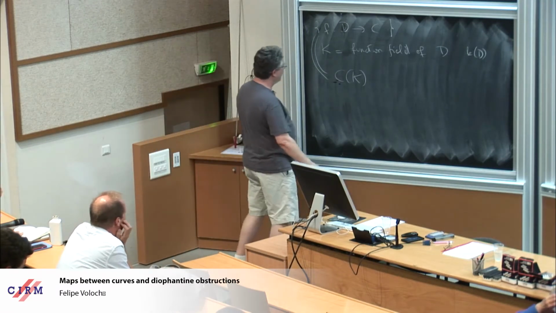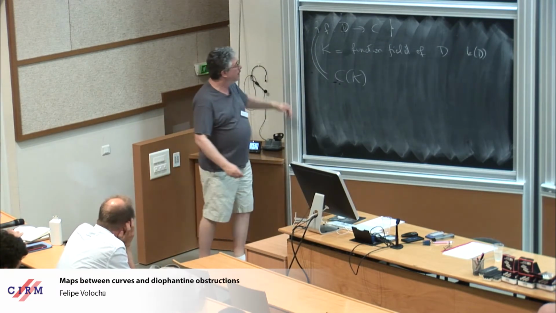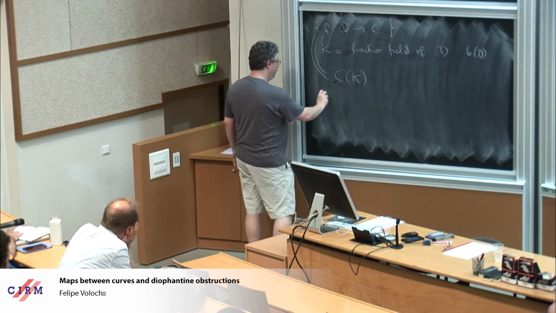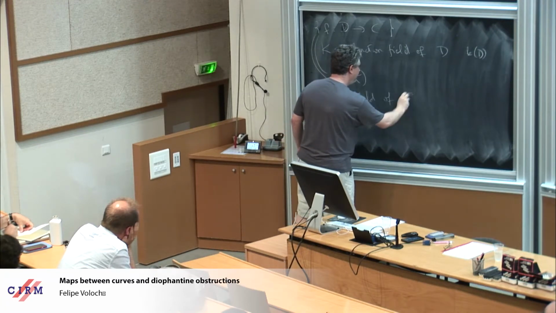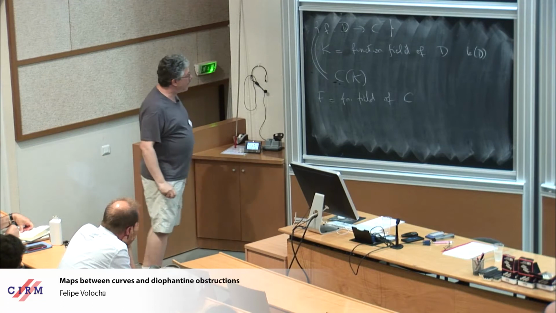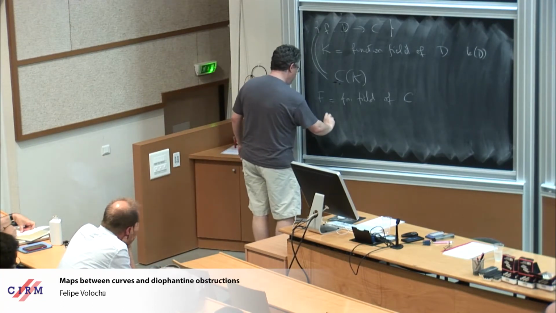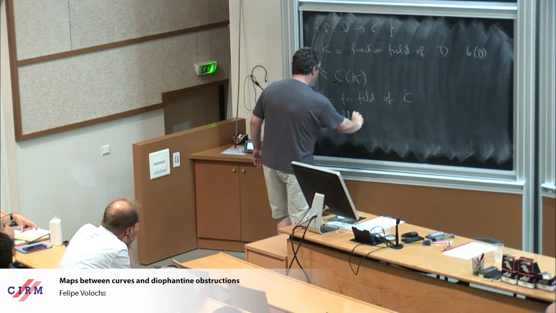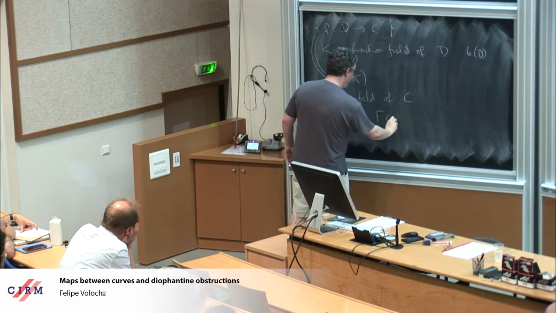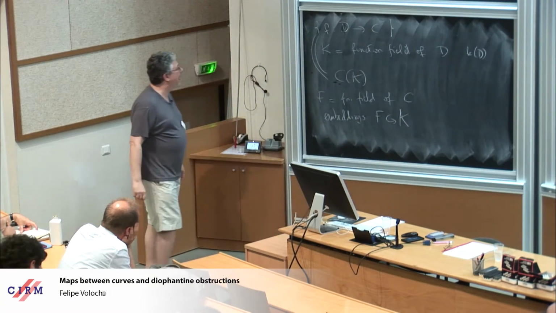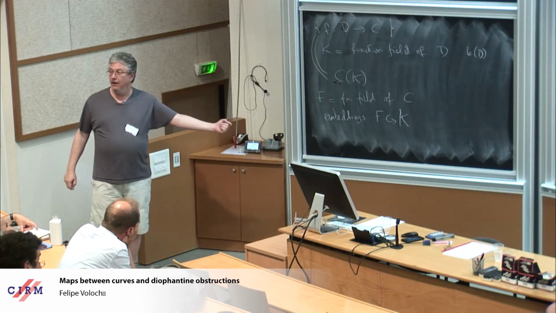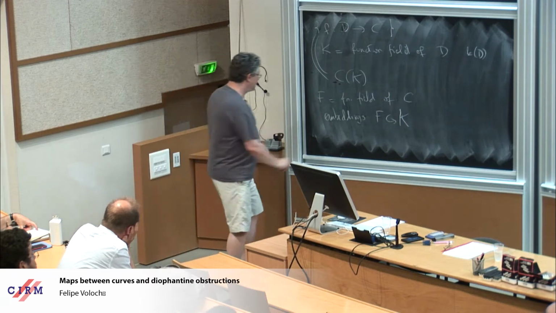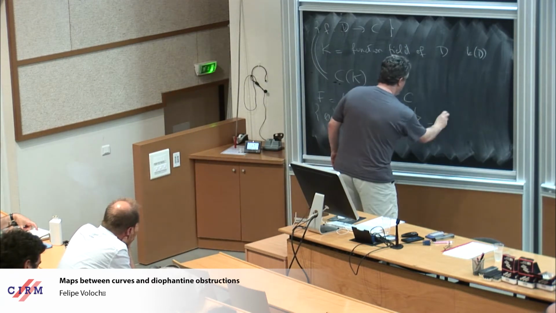And the third way is, if we define F to be the function field of C, then we can consider embeddings of F into K. If you have a non-constant map from D to C, you get an embedding of F into K. So this set here is not quite this.